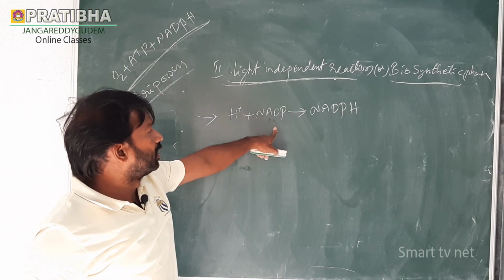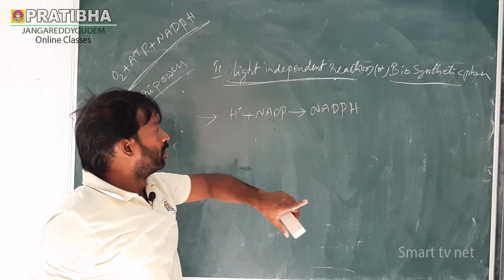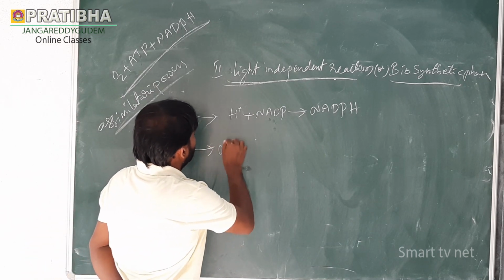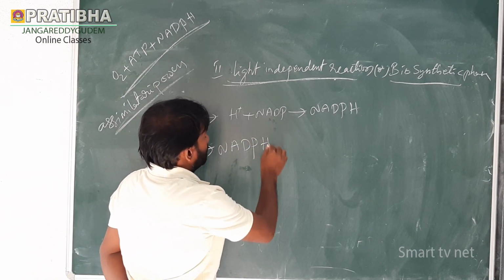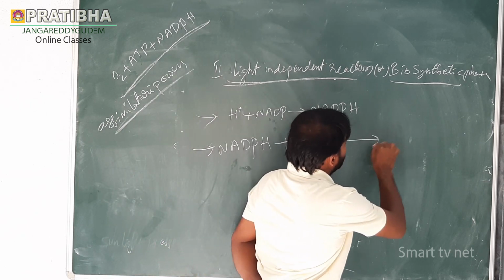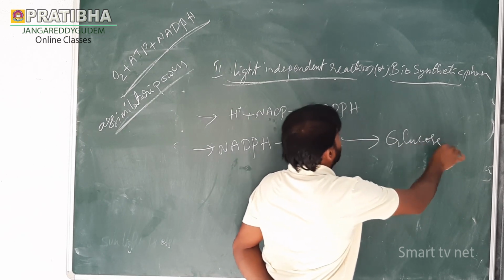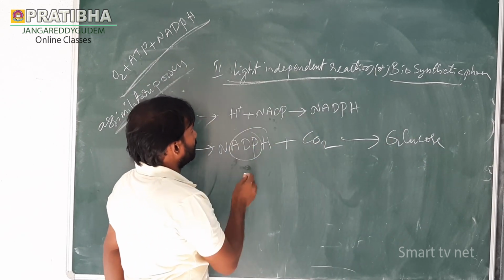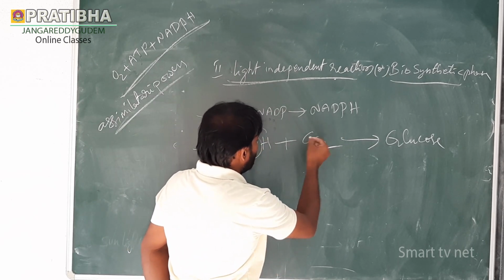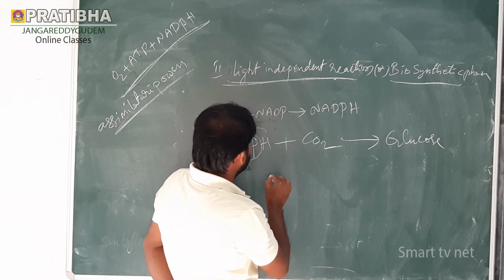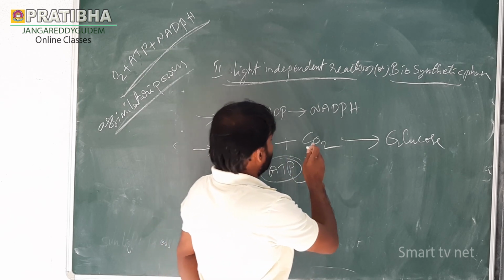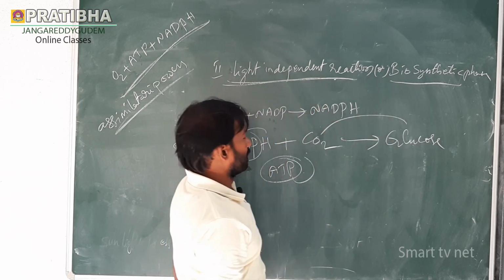The hydrogen present in NADPH combines with carbon dioxide and produces glucose. ATP is also utilized for the formation of glucose from carbon dioxide.